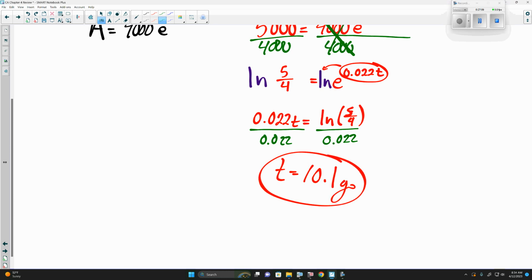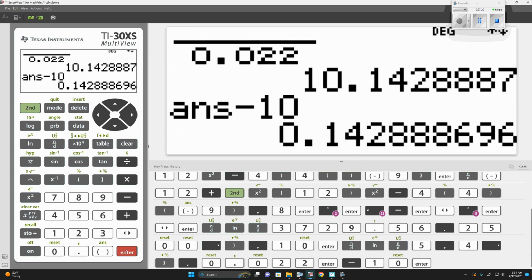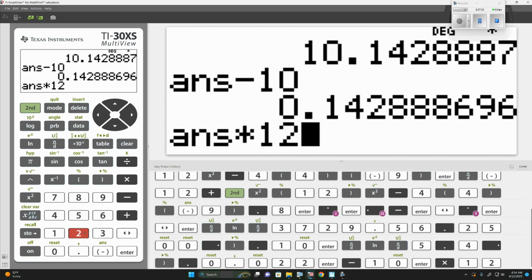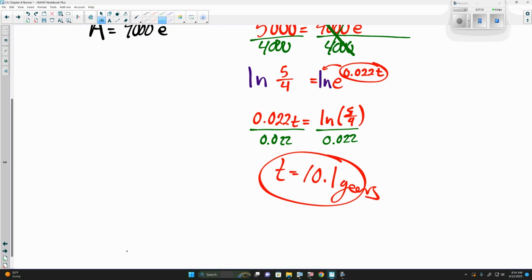And this is years. If we wanted to, we could subtract 10 and multiply by 12. So it's 10 years and 2 months, approximately. That's how long it would take it to increase $1,000.